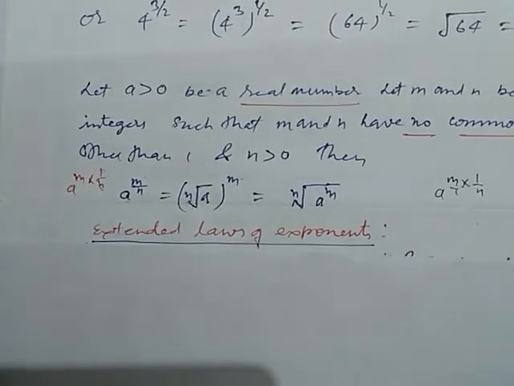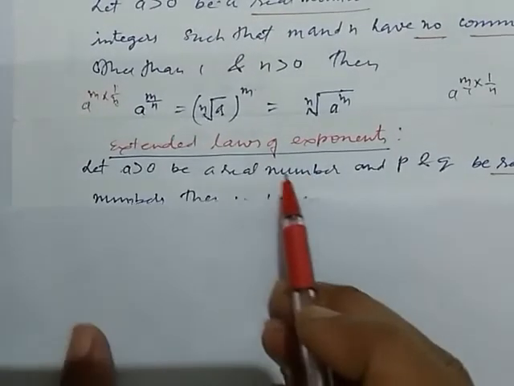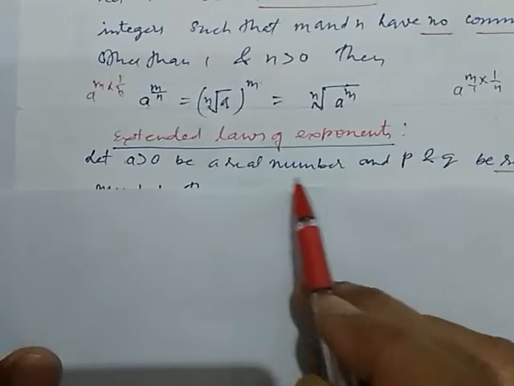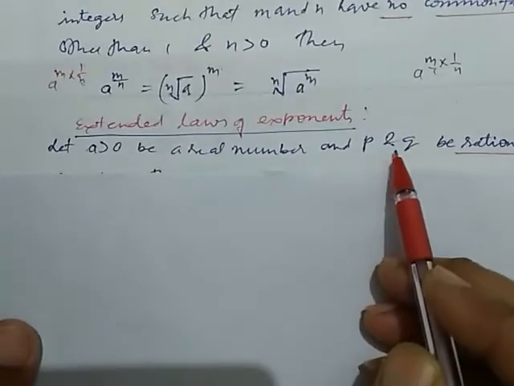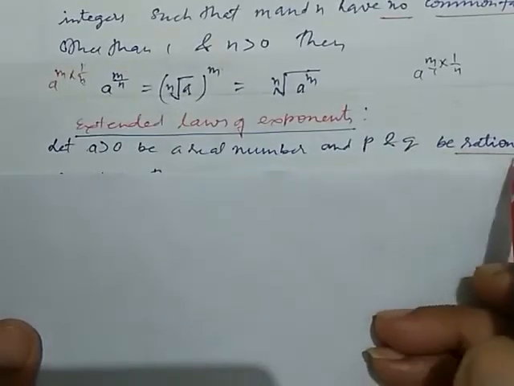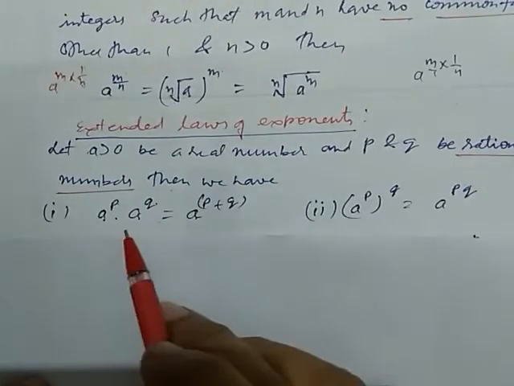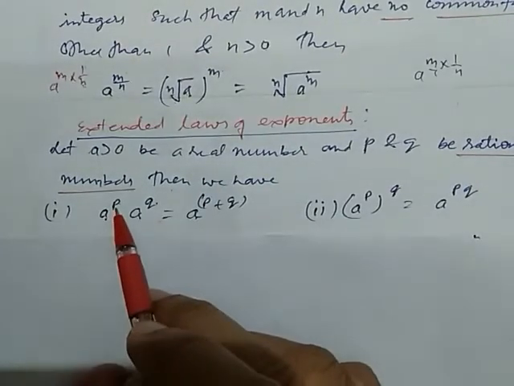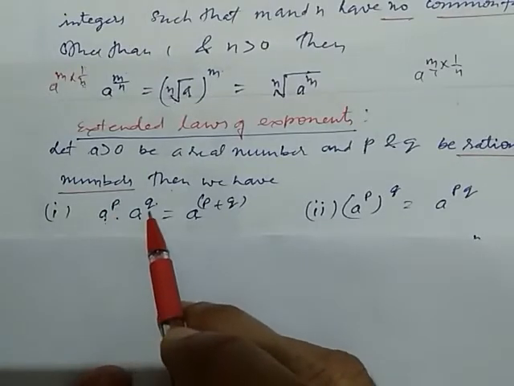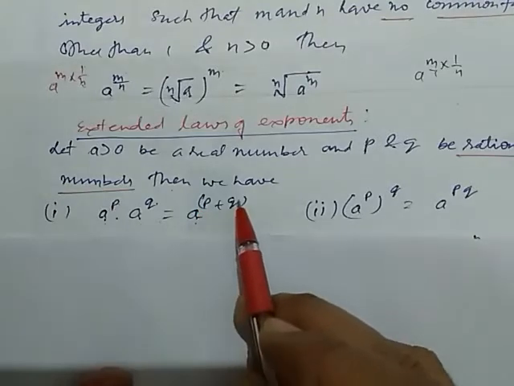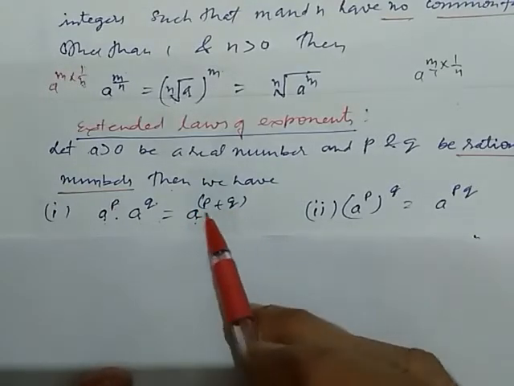Extended law of exponents. Let a greater than 0 be a real number and p and q be rational numbers. Then a raised to the power p into a raised to the power q equals a to the power p plus q.